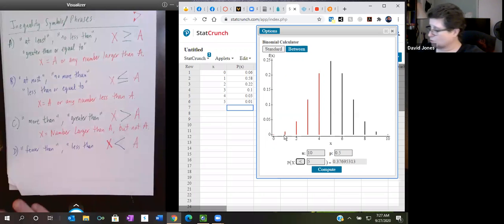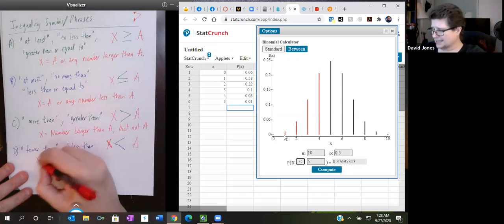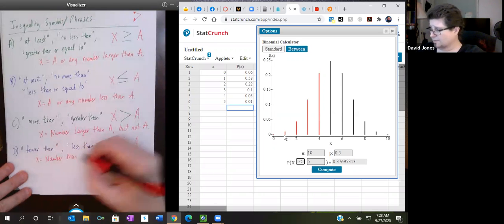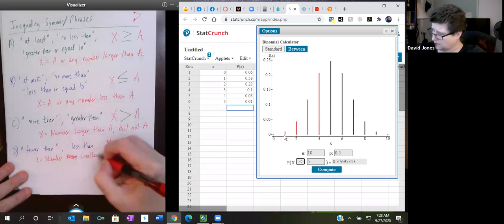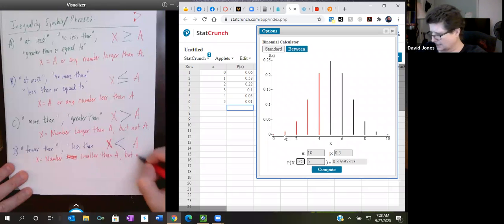The alligator goes towards the A. X is a number less than A or smaller than A, but it can't be A.